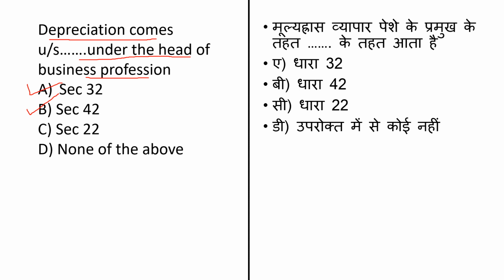Then is section 22. Section 22 is for the income from house property. The annual value of a property consisting of any building or land appurtenant thereto, of which the assessee is the owner, other than such portion of the property as he may occupy for the purpose of any business or profession carried on by him, the profit of which is chargeable to income tax, shall be charged to income tax under the head income from house property, and the last option is none of the above.